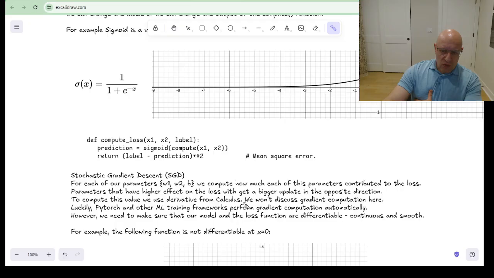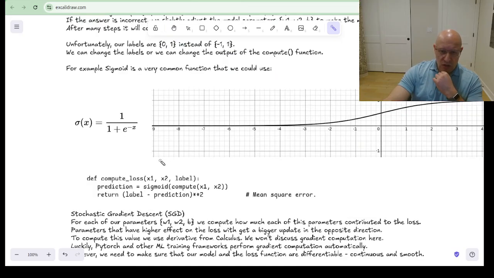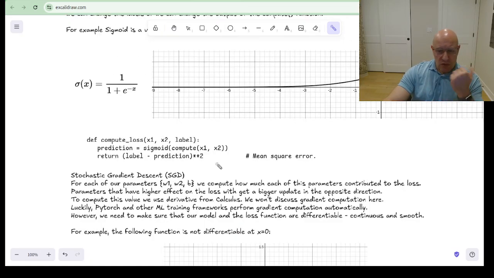I don't want to go into details of how derivatives work, but luckily PyTorch and other ML frameworks can do this gradient computation automatically. So you just write your loss function, and then you ask it to please compute the gradients, so the derivatives, and it will automatically compute derivatives for you.